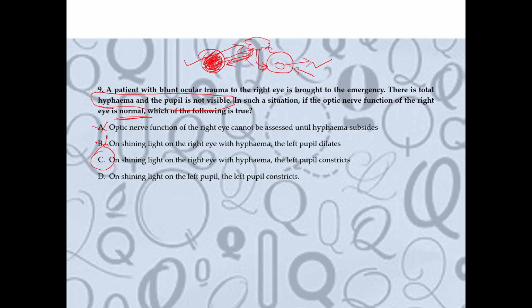So we are not dealing with the afferent of the right eye at all. So we are not assessing the afferent function or the optic nerve function of the right eye. Hence this sentence also doesn't make sense. So the answer here would be C. This phenomenon or this clinical method is known as inverse RAPD.